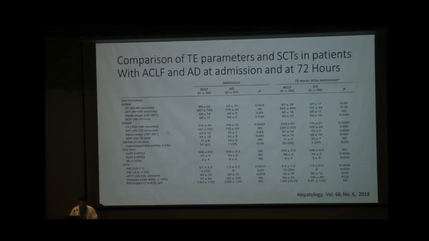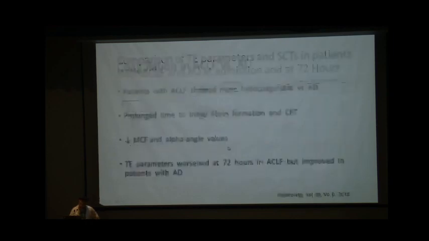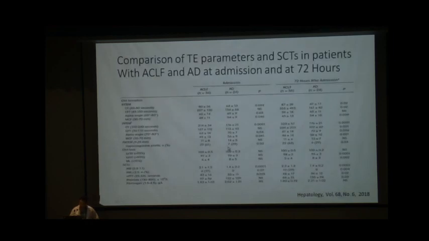Similarly, in time, similar changes were noted in ACLF as compared to acute decompensation. The hypocoagulable profile, which is basically defined as three or more abnormal parameters in EXTEM or INTEM, was more common in ACLF, seen in approximately one third of the patients as compared to acute decompensation.